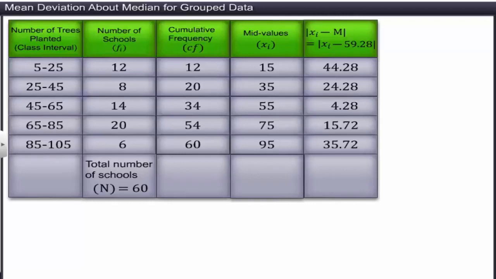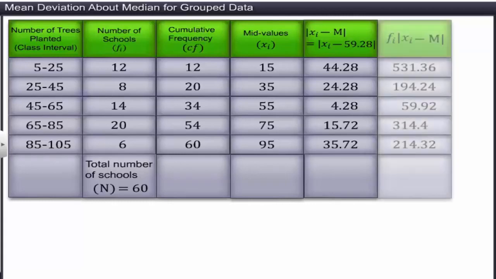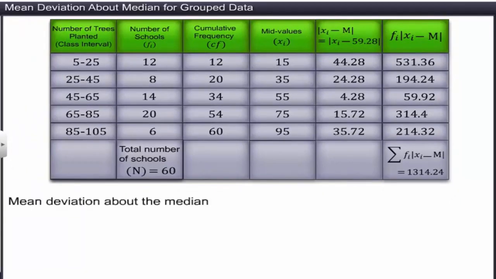The sum of the products of the deviations and their frequencies is equal to 1314.24. Now, the mean deviation about the median can be calculated by using the formula shown here. Therefore, the mean deviation about the median is 21.904.